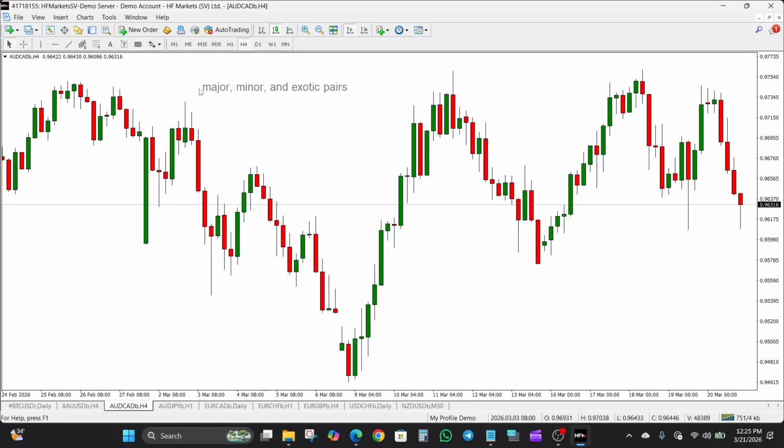Major pairs are the most traded in the world. They always include the US dollar, and another strong currency.